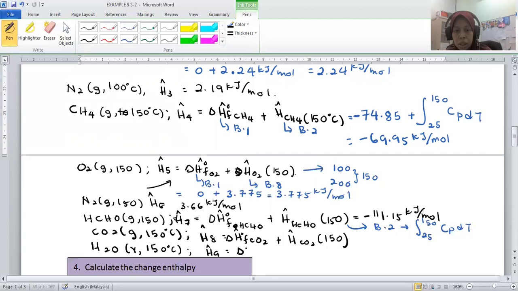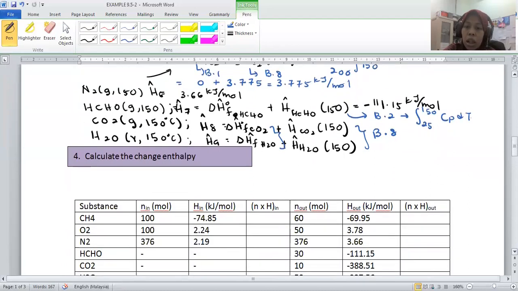You determine the HF for H2O plus the H for H2O at 150. For both substances, this one is in table B1, and for this one also similar interpolation from table B8.